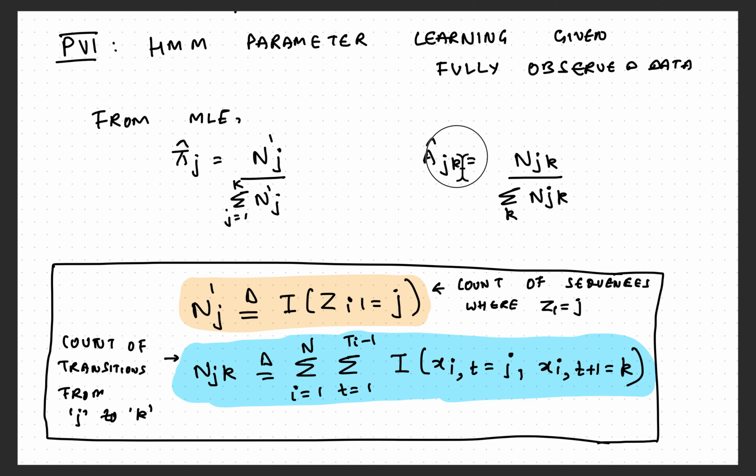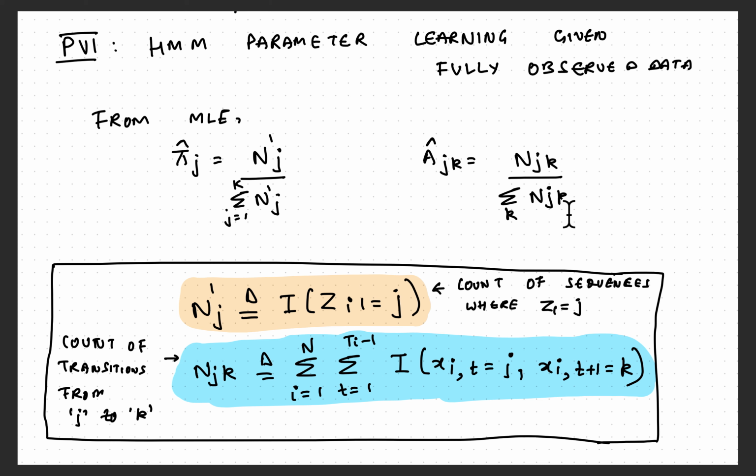Similarly, a hat of jk, which is the transition matrix value at j and k, telling us the transition probability of going from state j to state k, is going to be the count of transitions from j to k divided by the count of the transitions from state j to any of the states k.